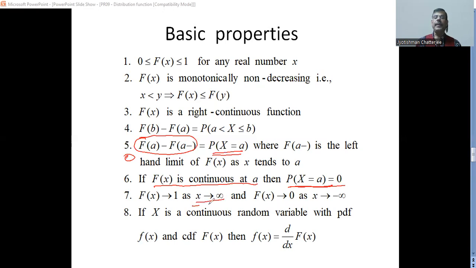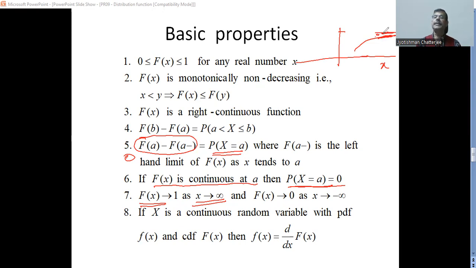As x goes to infinity, capital F_X approaches 1. That means no matter how the graph looks in between, as you take very large values of small x, capital F_X becomes almost like 1. It may actually touch the line and continue, as we have seen in the discrete case, or it may happen that it asymptotically goes towards this line.